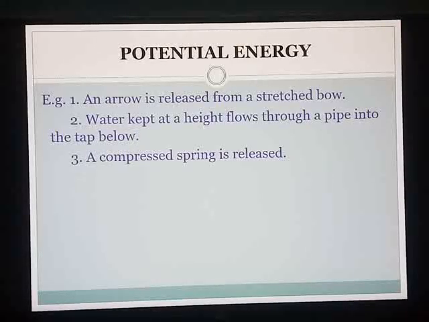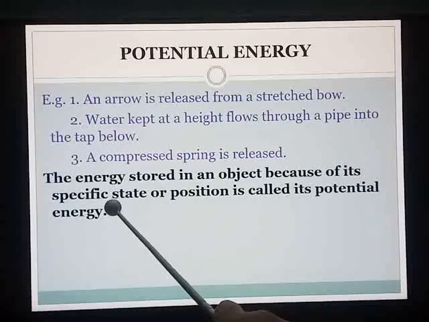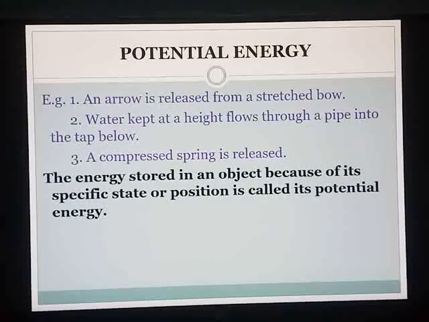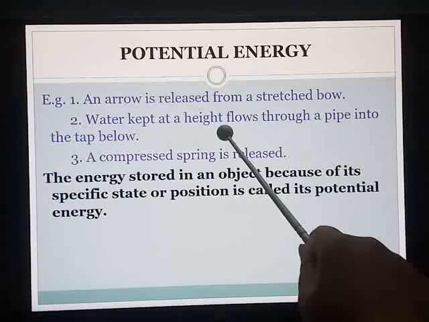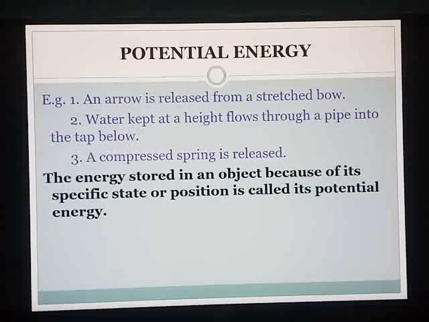So we come to know what is potential energy: the energy stored in any object because of its specific state. You can see a compressed spring is in a state. So state or position gives an object its potential energy. As we represent kinetic energy by KE, potential energy is represented by PE.